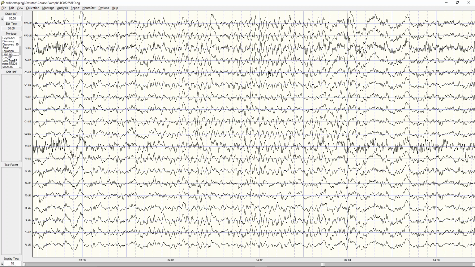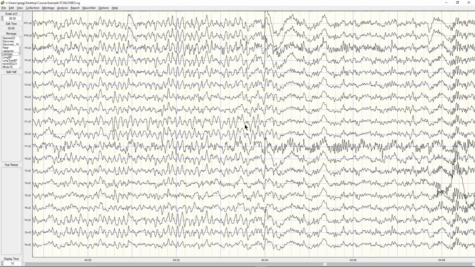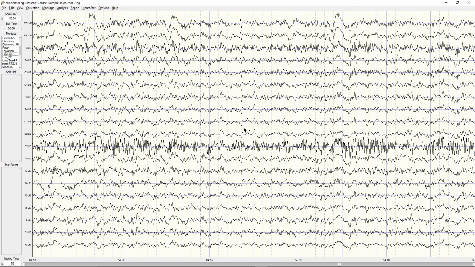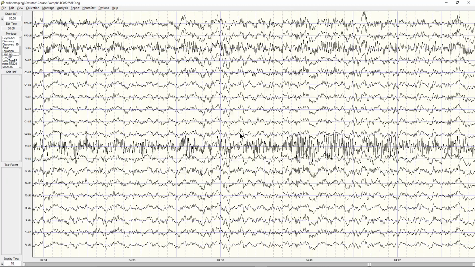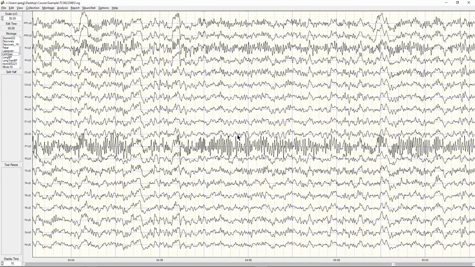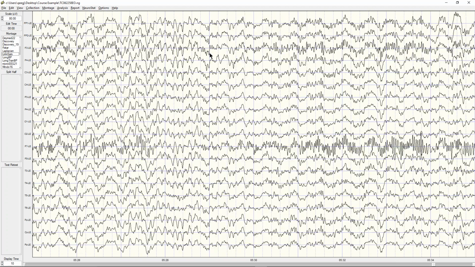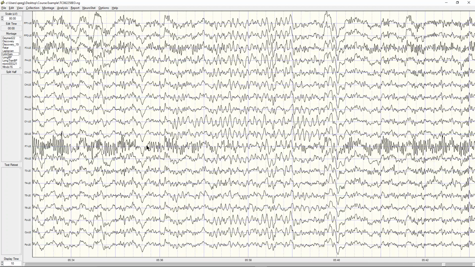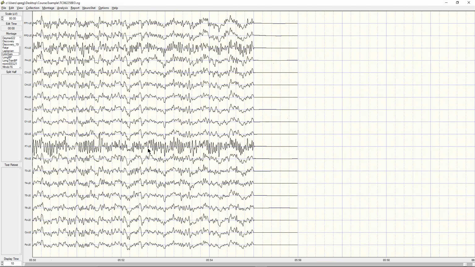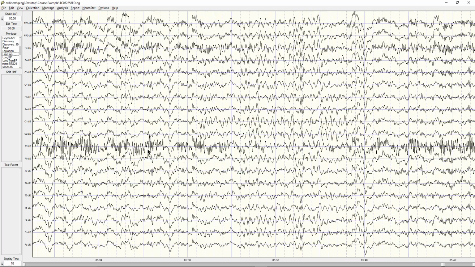But we also get this alpha rhythm showing up. So when we go back to the eyes open recording, it's a pretty useless recording, except when she gets sleepy and closes her eyes. As we can see, it happens more frequently as time goes on.